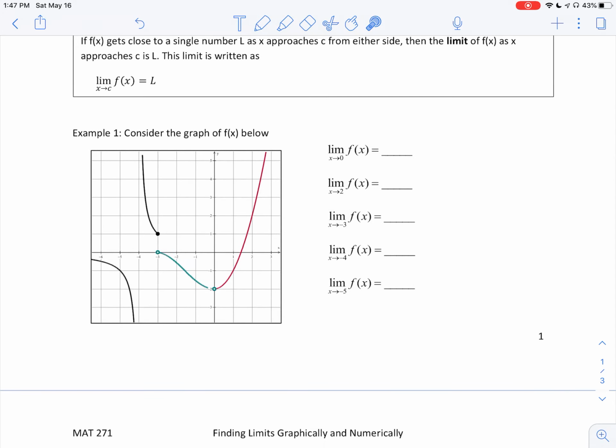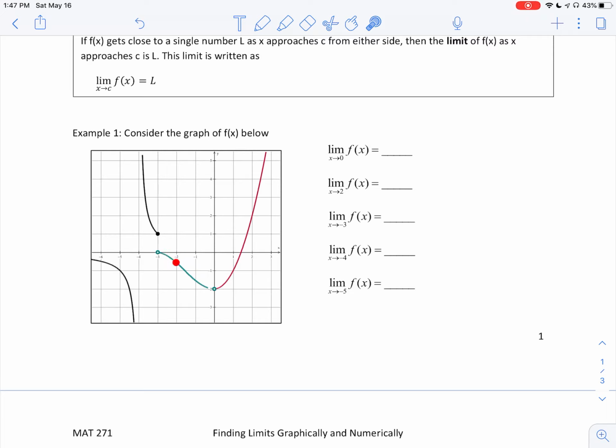All right, so we've got this function here. I've got it graphed out, kind of an interesting piecewise function, and we're going to be looking at some different limits. So first I want to look at the limit as x approaches 0 of f of x. So x approaches 0. We're going to have to look at it from both the left-hand side and the right-hand side. So let's start from the left.